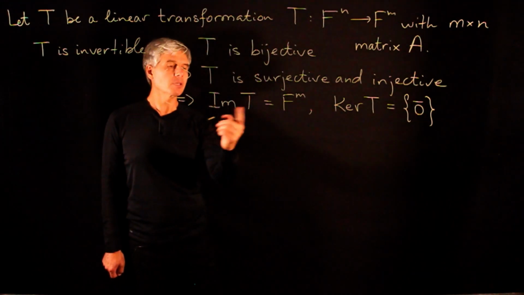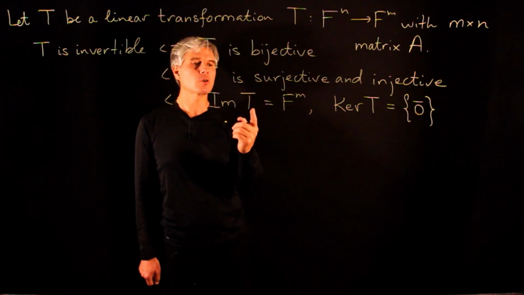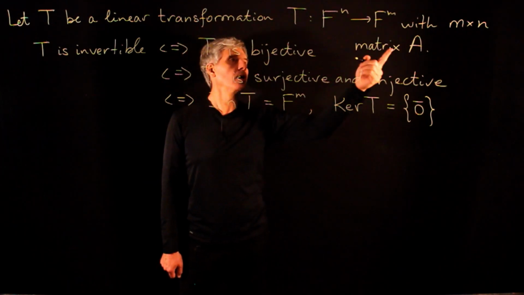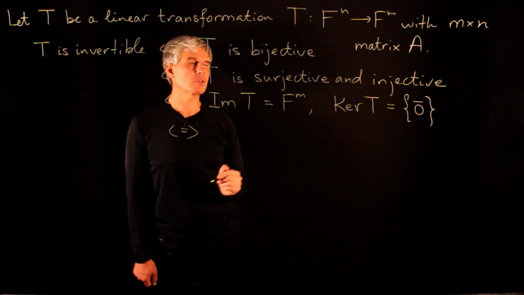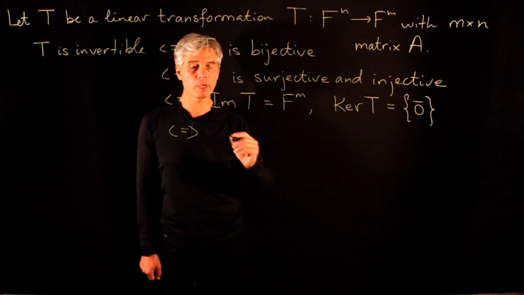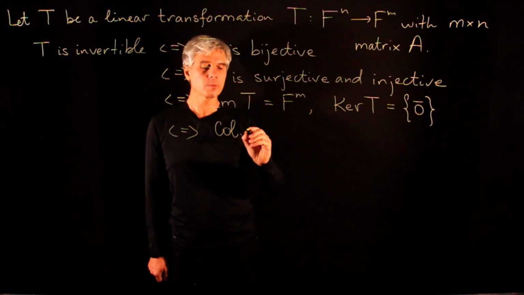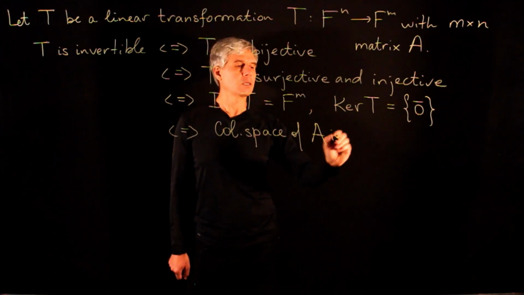So now let us relate this to matrix A. What is the image of the transformation, and how is it related to matrix A? We know that the image of a transformation corresponds to the column space of the matrix. So we get that the column space of A is Fm.